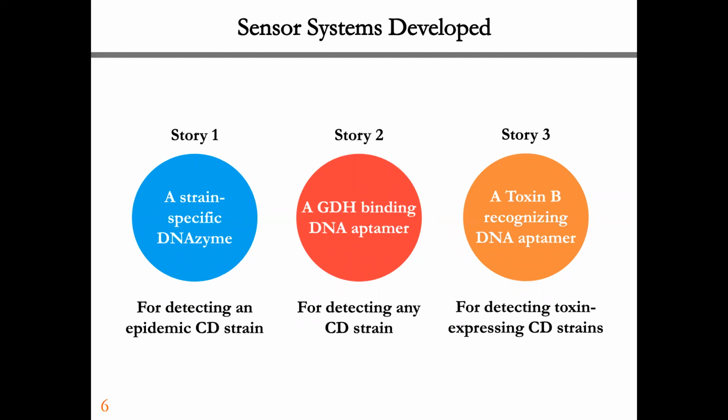But infectious strains express either toxin A or toxin B. Actually, all the strains express toxin B. So if we can develop a sensor that can recognize toxin B, and we have a device with all three types of sensors, then we'll be able to tell you whether it's C. difficile, whether it's a toxin B containing C. difficile, or whether it's a specific strain of C. difficile that needs a different treatment.